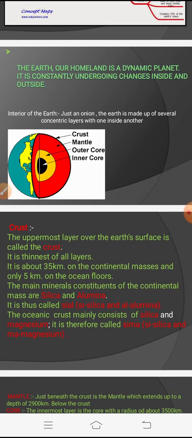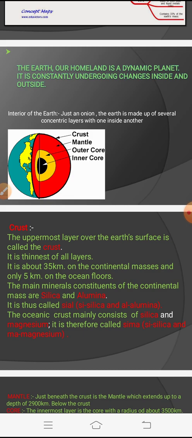Then we will see these parts again in depth: what is crust and how it forms. The uppermost layer over the earth's surface is called the crust. It is the thinnest of all layers, a very thin layer. It is about 35 kilometers on the continental masses and only 5 kilometers on the ocean floor.